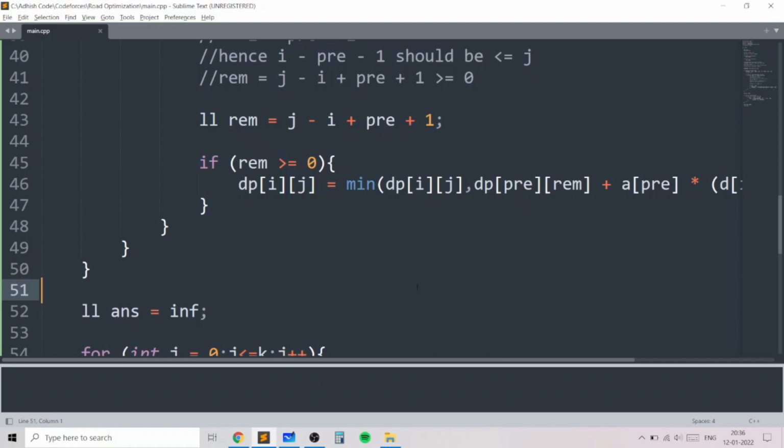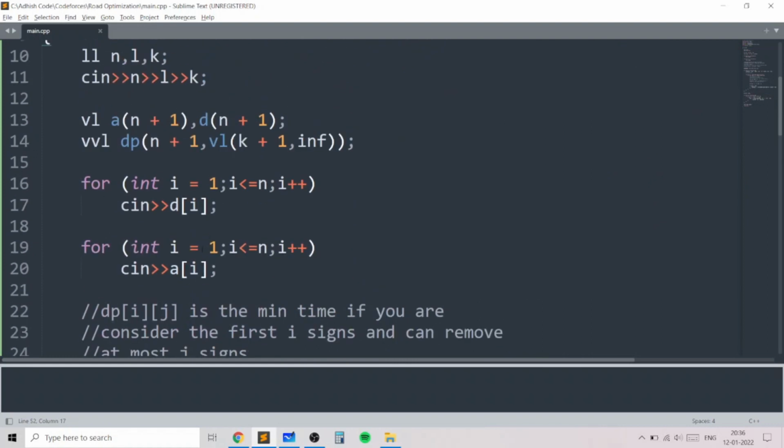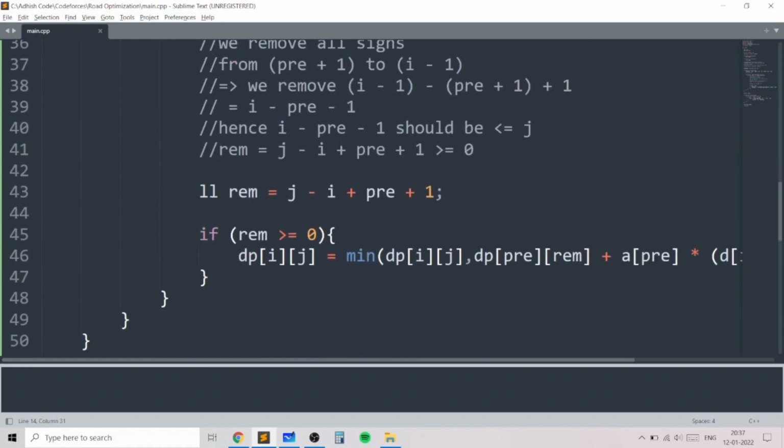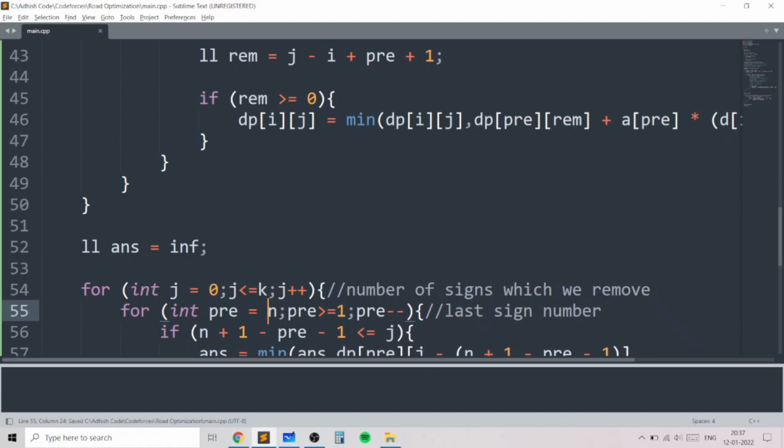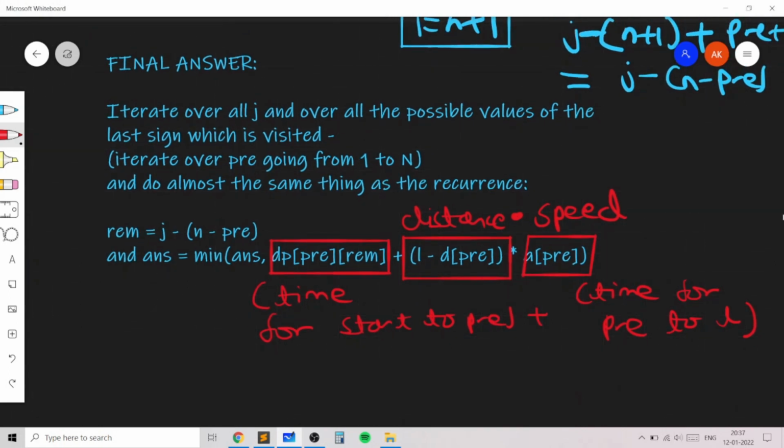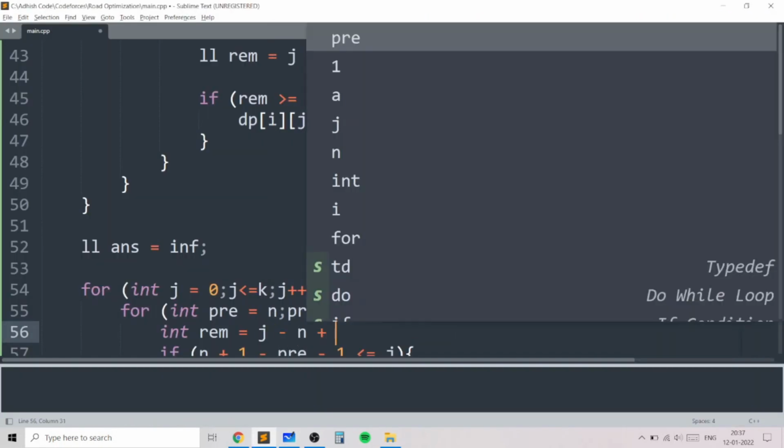And now for the final answer, which essentially does exactly the same thing, we initially write the answer to be infinity, as in the dp table, and for all j going from 0 to k, so this is the number of signs which we remove, and we consider all last sign numbers going from n to 1, we set the remaining to be equal to the quantity which I mentioned over here, j minus n plus pre.